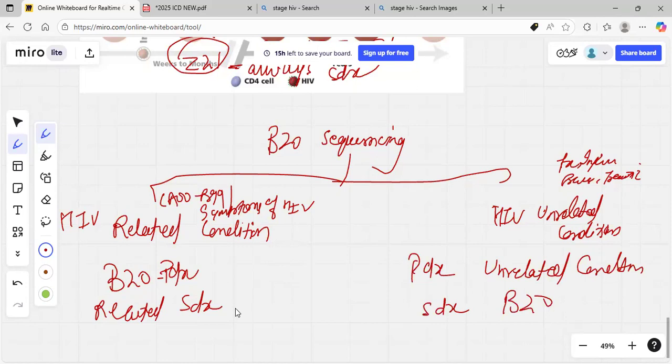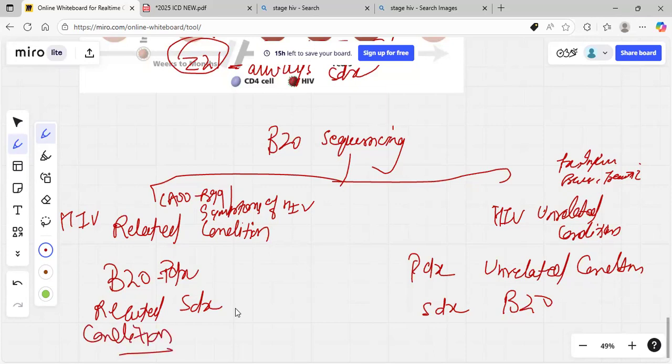So whenever the patient is coming with HIV, the sequencing is based on whether the patient is coming for the HIV related condition or an unrelated condition. If the patient is coming with the related condition, you have to keep P20 as primary and that related condition as a secondary diagnosis.